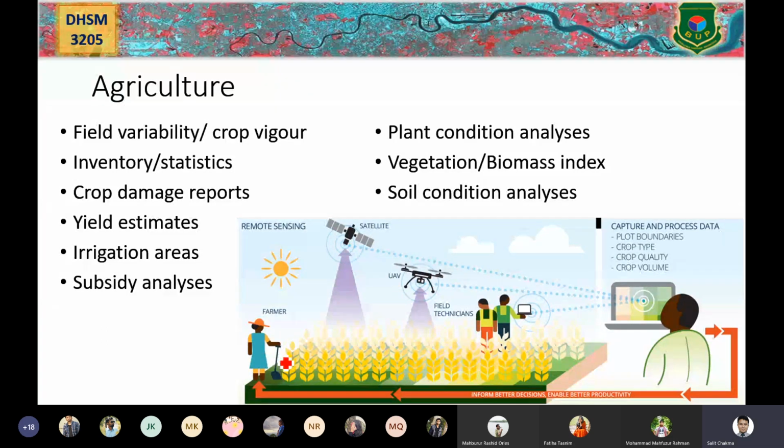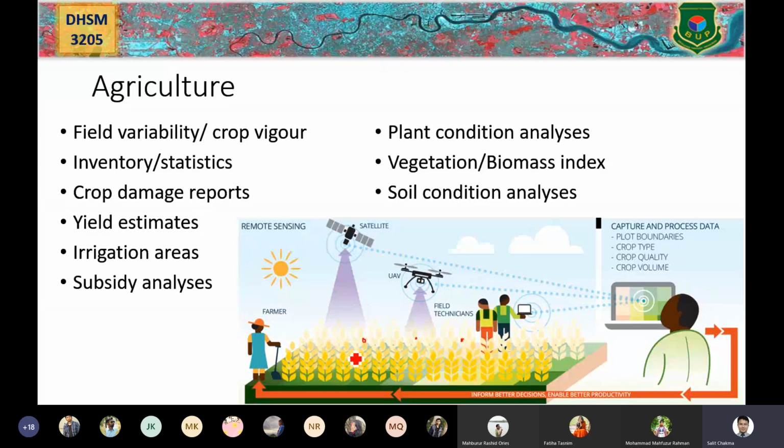You capture this data, you bring this data, and sometimes there are field technicians. They go to the field and verify. They collect random data. For example, these satellites have collected data on this field, and these field technicians go and collect information on the health of this vegetation from this point and this point, and maybe this point, in these 3 points.